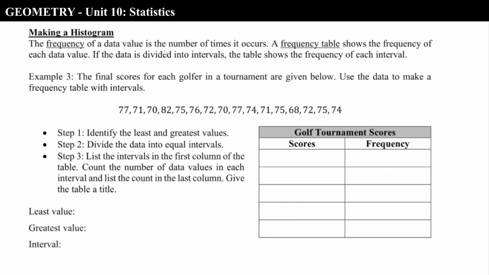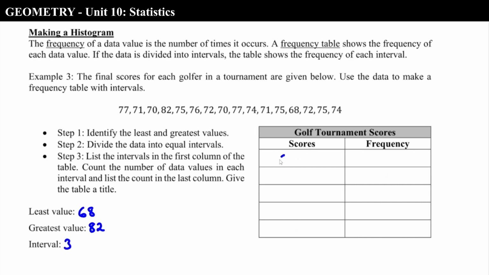So if you look at this data, the lowest value we have is 68. The highest value we have in this is 82. So given the least and the greatest value, we're going to do this on an interval of 3.